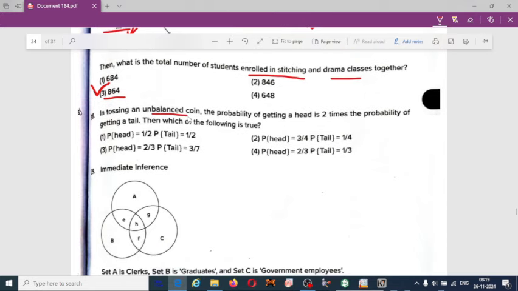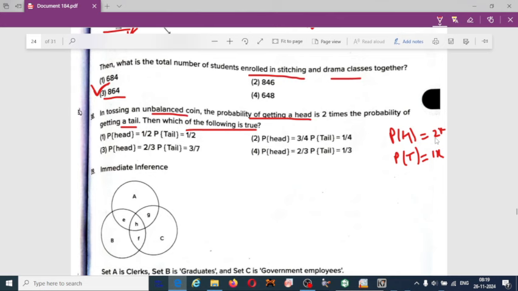In tossing an unbalanced coin, the probability of getting a head is 2 times the probability of getting tail. Then which of the following is true? So the probability of getting head is 2 times the probability of getting tail. Let us take the probability of getting tail as x. It is twice for head, so 2x.